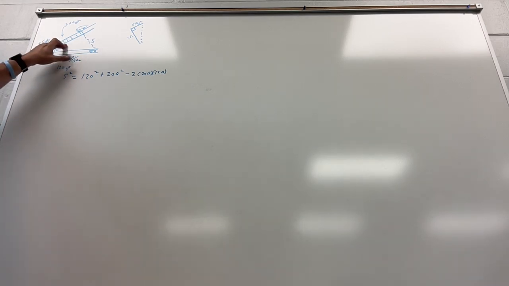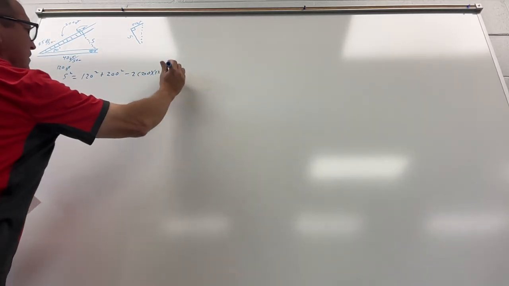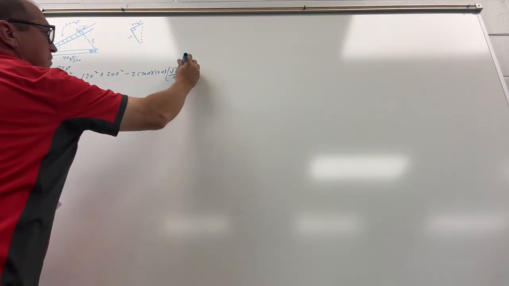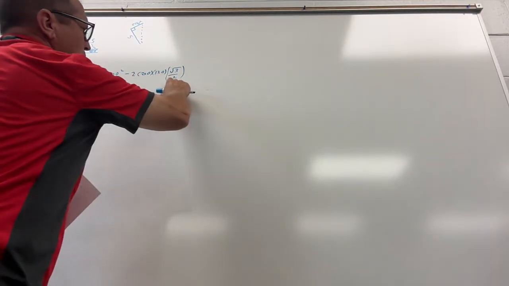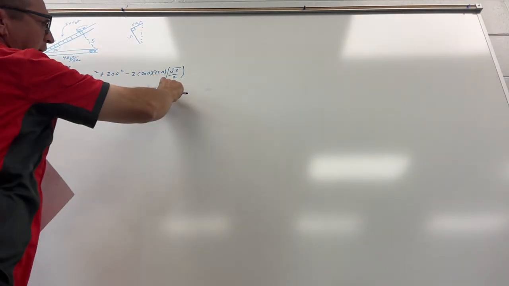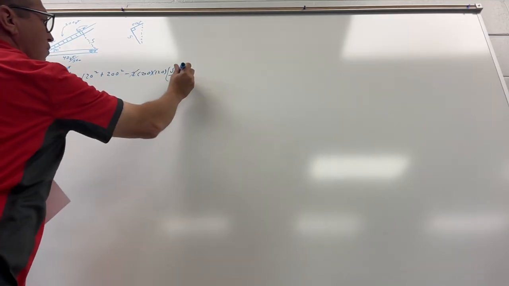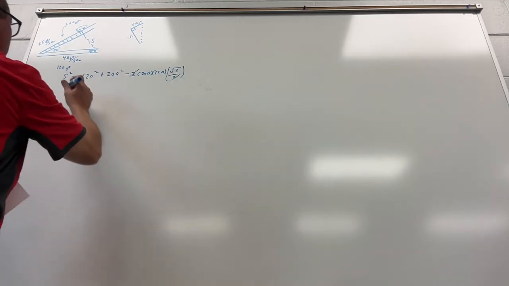This angle happens to be 30 degrees, so it would be times the cosine of 30 degrees, which is the square root of 3 over 2. It's constant, so even when we get to the derivative step, we're not going to have to worry about it. We're going to treat the cosine of 30 as a constant.